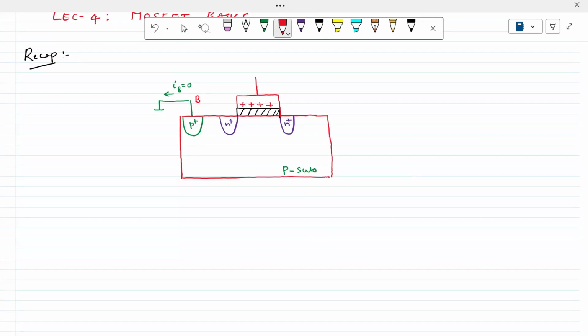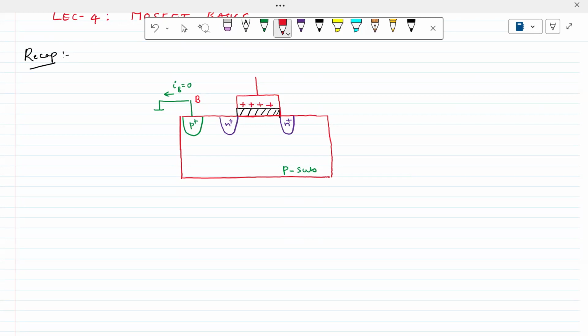under the silicon dioxide, this is the region. Under the silicon dioxide, we have seen immobile ions, or the depletion of free carriers from there. Depleting the carriers from there is called depletion mode.